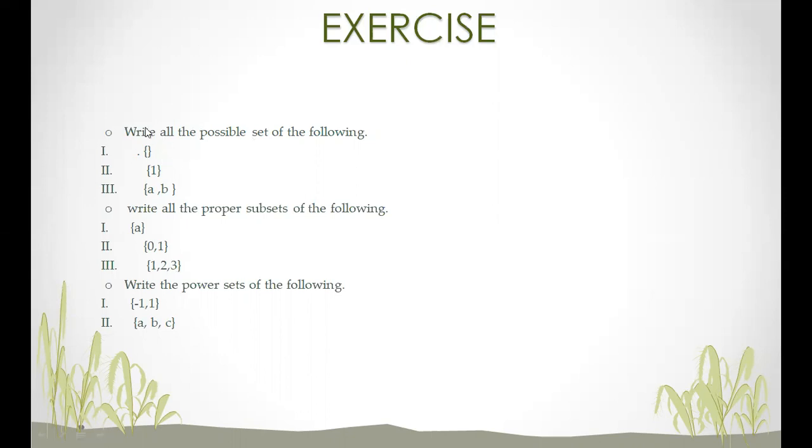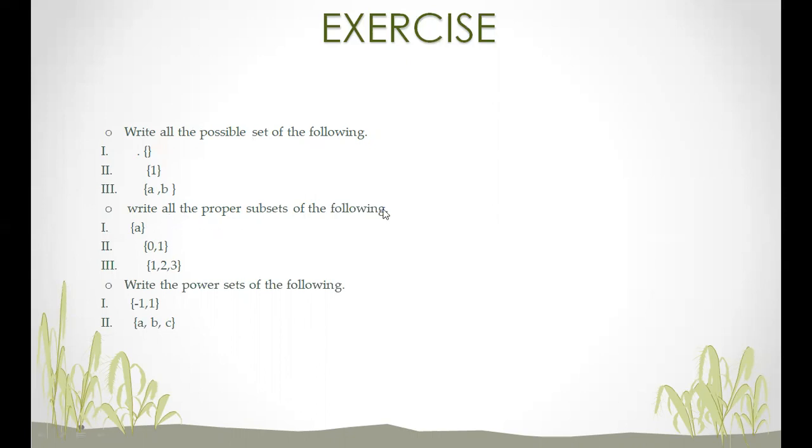So this is our empty set, and the empty set has no proper subset. The subset of the empty set is the empty set, and {1} has 2 subsets, the empty set and {1}. {a, b}: write them, practice them, and tell.